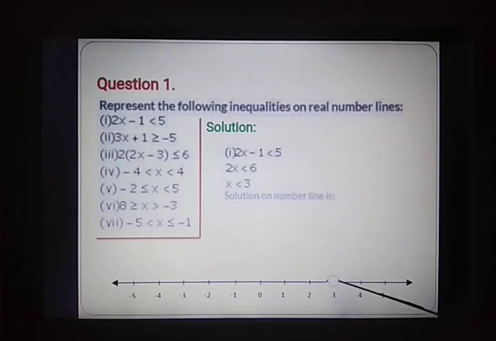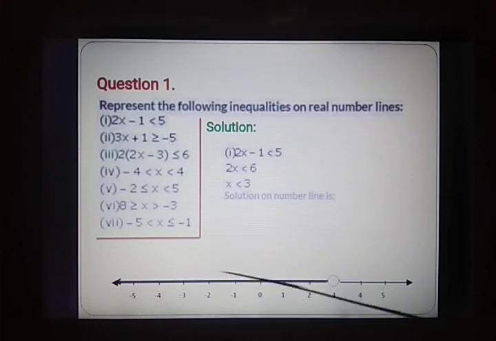This hollow circle means x cannot be equal to 3. And it is saying that x is any number which is less than 3. So when we go this side, the value becomes greater, and when we go that side, it becomes less. That's why my solution will be like this. So you have to put a bold line this way. So pause the video to note down.